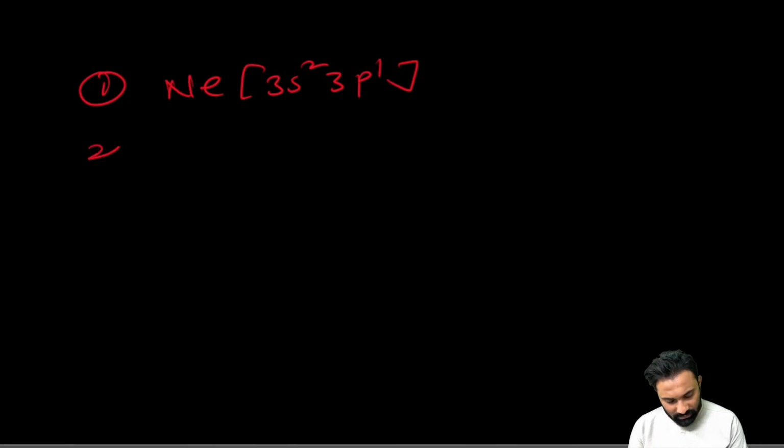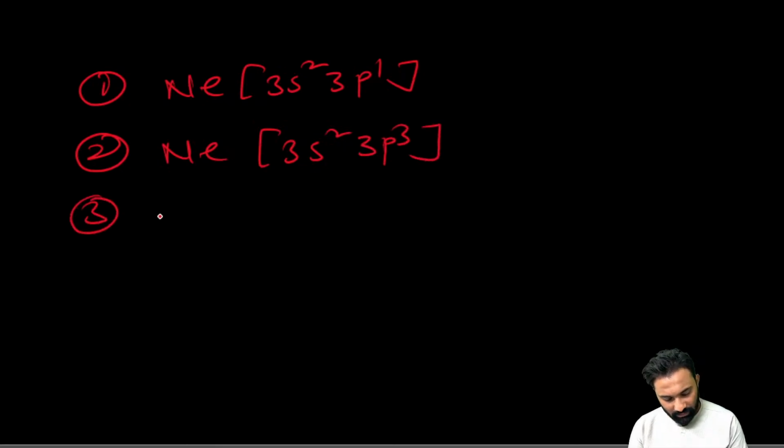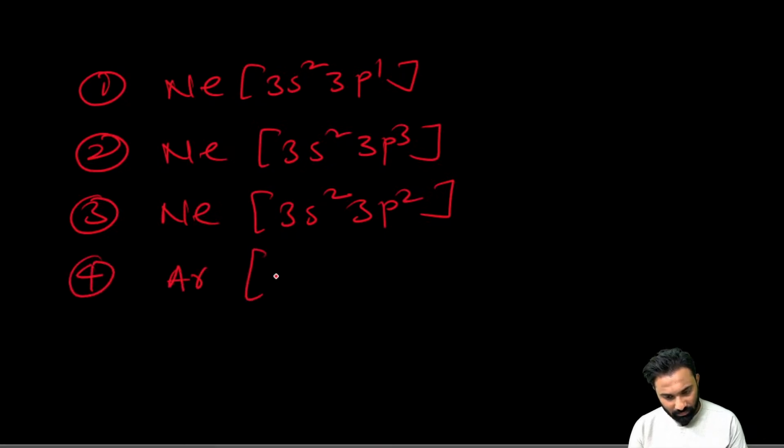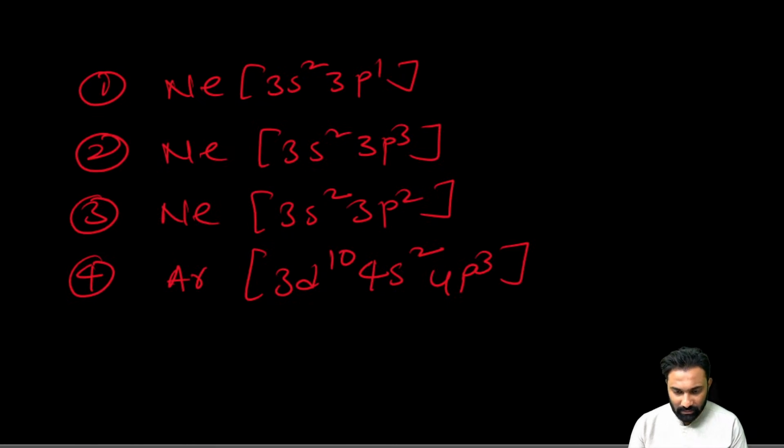Some configurations they have given. One, neon 3s2 3p1. Second, neon 3s2 3p3. Third, neon 3s2 3p2. Fourth, argon 3d10 4s2 4p3.